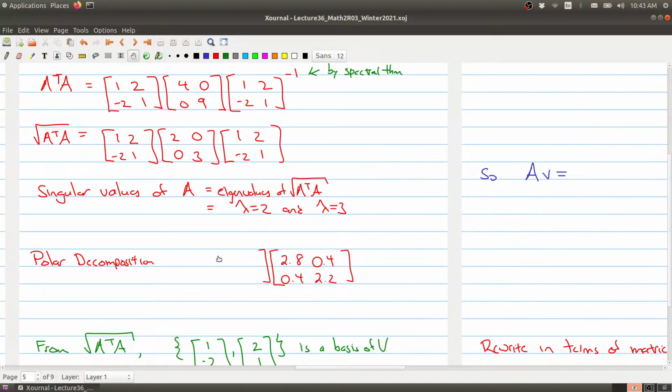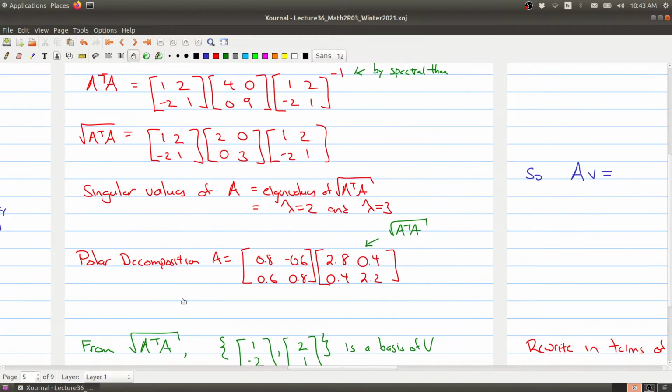This should be the matrix 0.8, minus 0.6, 0.6, and 0.8. So this is my matrix A written in this expression. Now this matrix here is the square root matrix. It's equal to the matrix up above. Okay, got to keep going.